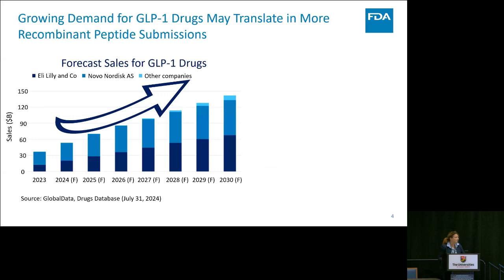Increasing demand for certain peptide products, such as GLP-1 drugs, is likely to translate into more regulatory submissions for recombinant follow-on peptide products. On this graph, you can see that sales of GLP-1 products are predicted to almost triple within the next 6 years.